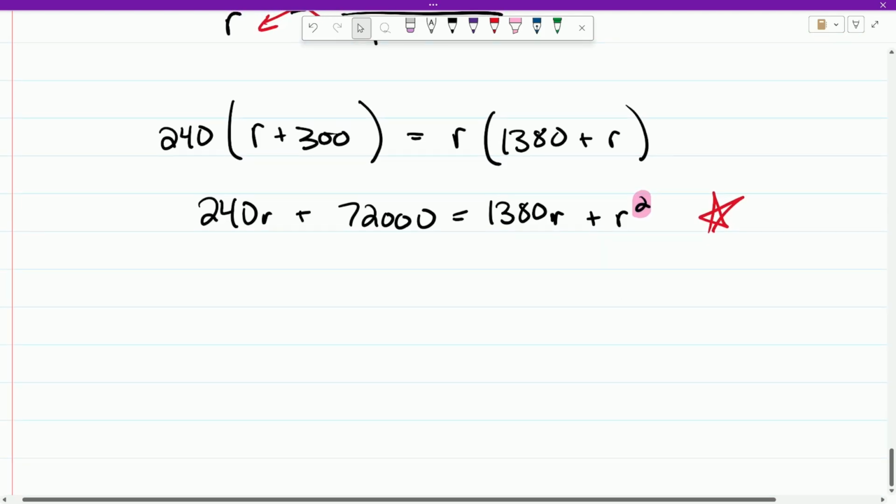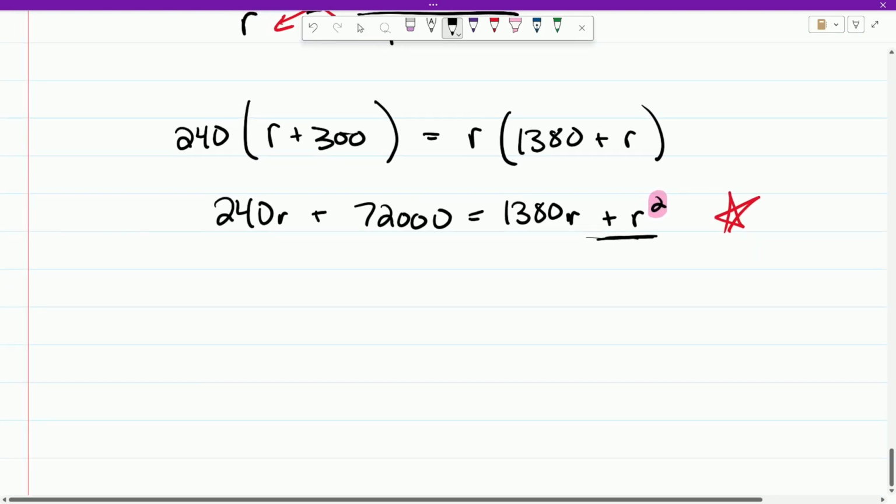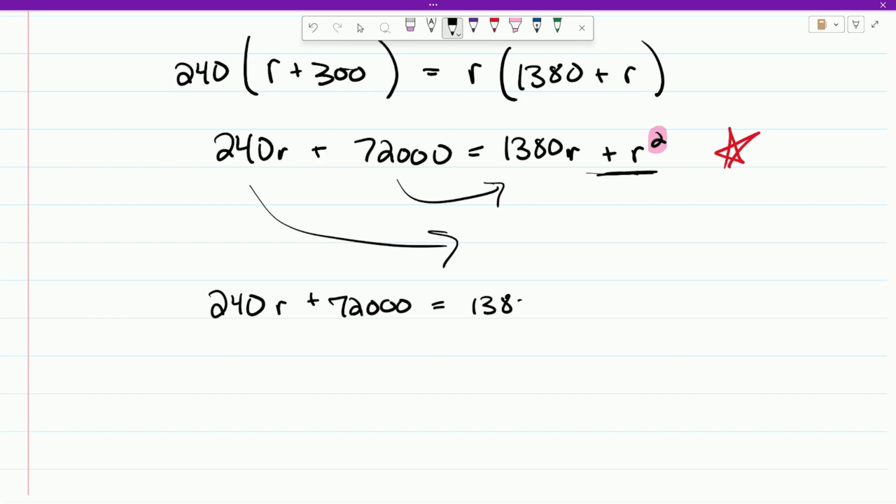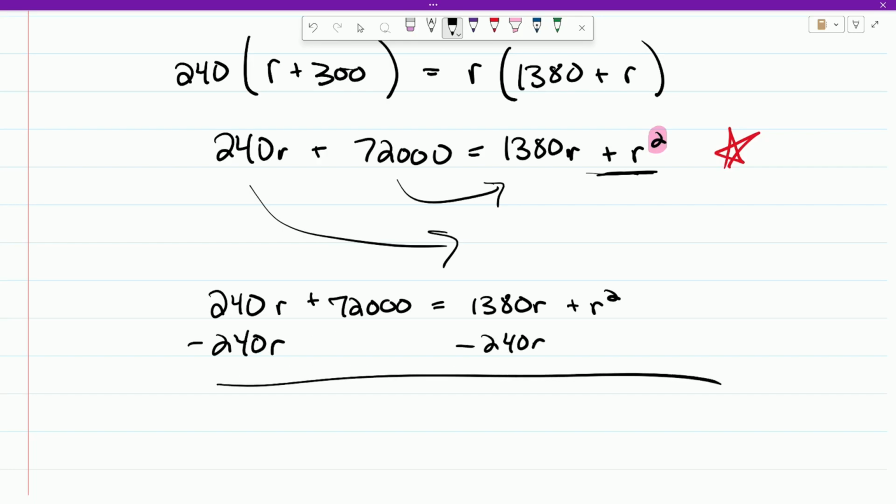So how can we do this here? What's the easiest way? Well, since this is already positive r right here, let's move everything over to the right-hand side. All right, so we'll do this step by step. I'm just going to rewrite it. All right, so the first thing, let's get those r's together. I keep saying r, I feel like a pirate.